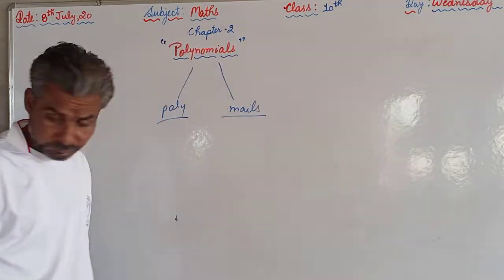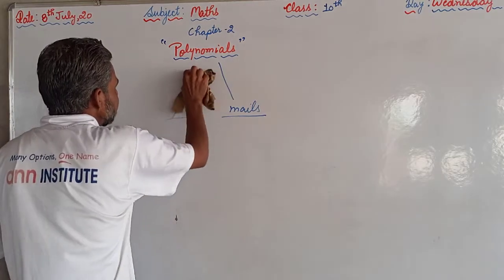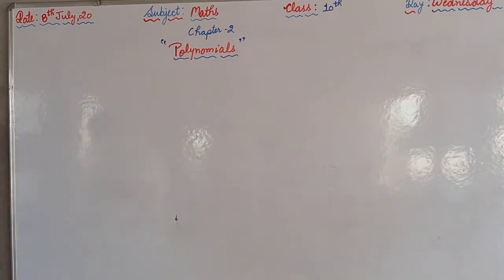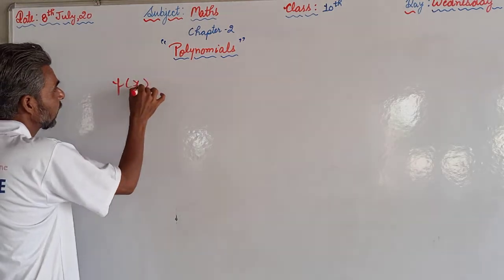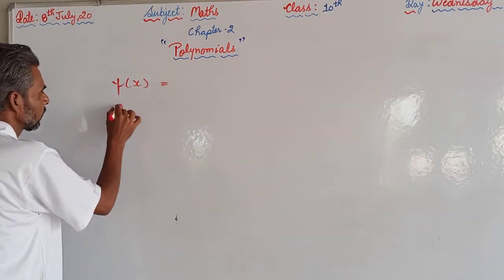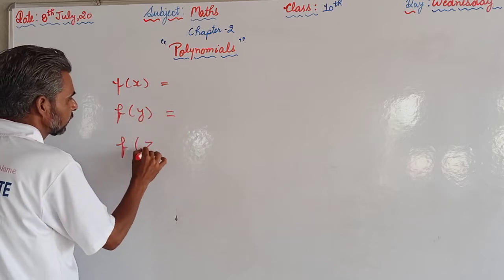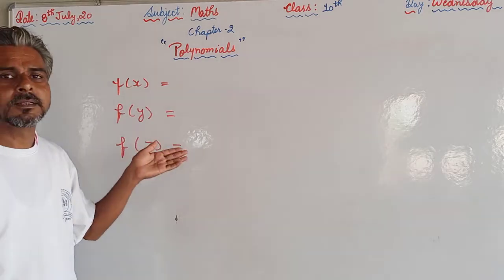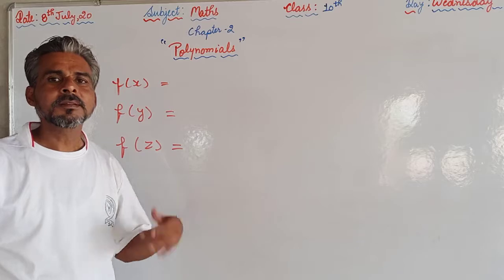Now, with different variables. If I say one polynomial f(x), we represent it using f(x) or f(y) or f(z), anything: x, y, z. I am taking x, y, z. You can take a, b, c as well, or any of the alphabets or any of the symbols.